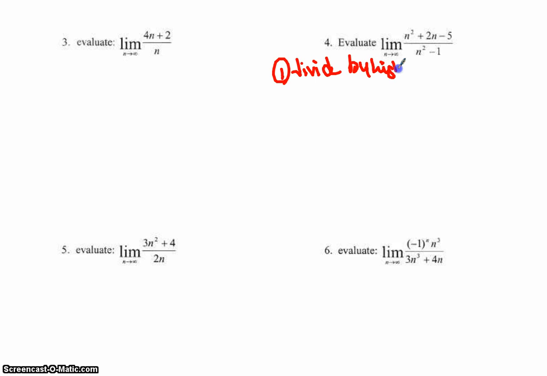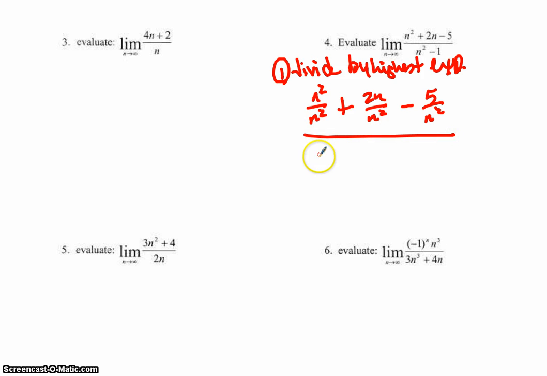So this becomes n squared over n squared plus 2n over n squared minus 5 over n squared, all over n squared over n squared minus 1 over n squared.